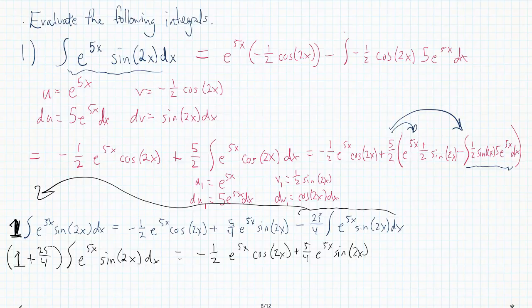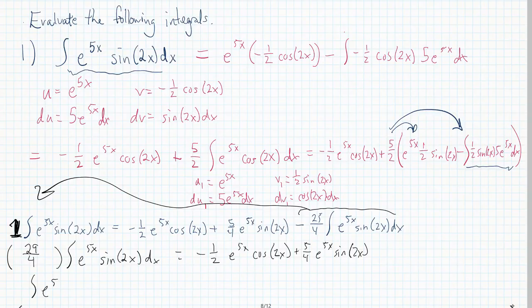So now 1 plus 25 over 4, that's just 29 over 4. Just get a common denominator. So we have 29 over 4. And so notice, if we multiply both sides by the reciprocal, what are we left with?